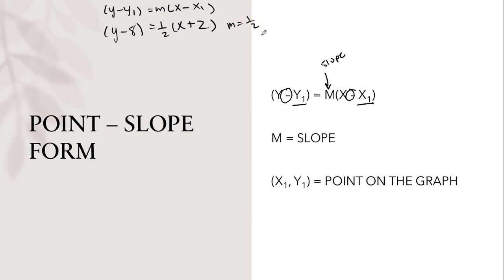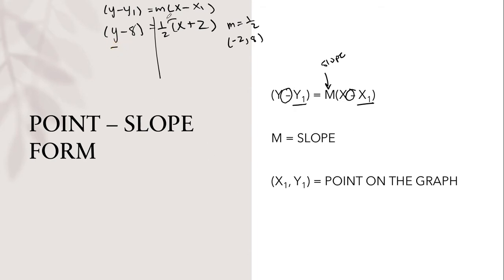And the point that it's giving me, the x value, is -2. And the y value it's giving me, not the y-intercept, the y value it's giving me for a point is +8.